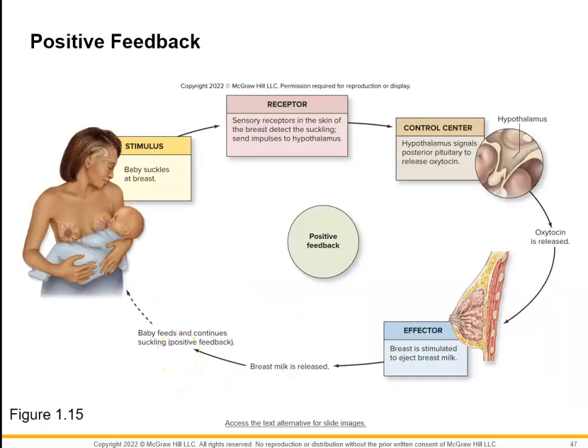So here's your image to go with the positive feedback of the infant suckling at the breast. And of course, as long as the baby is feeding, the stimulus is still there, and that positive feedback enhances the ejection of the milk so that baby continues to feed.